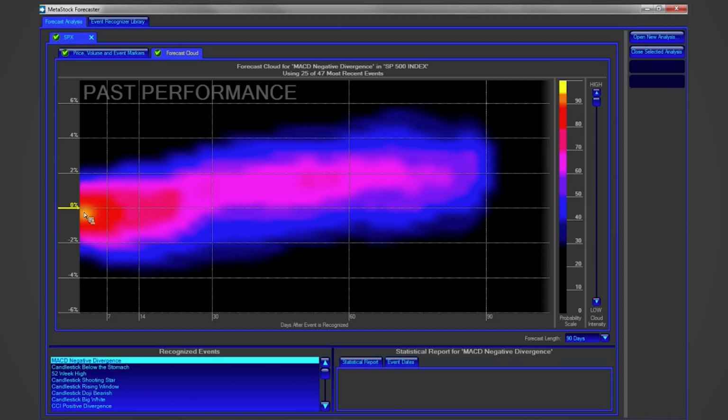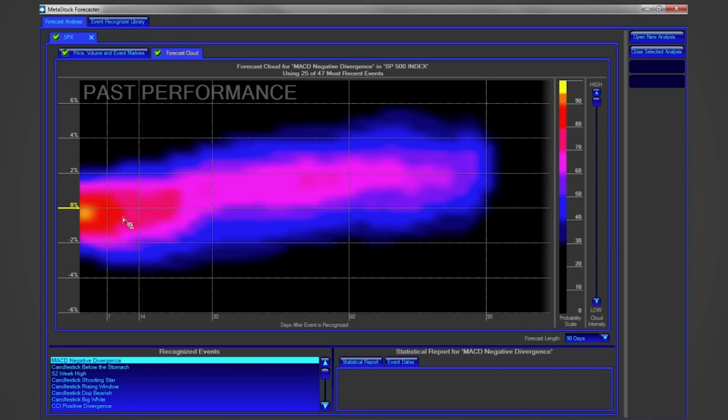What I'm going to look at here is where my probability map is lining up. From the event, we can see that prices tend to pull down about 0.5% in the first few days after this event happens. So if I had a MACD negative divergence sell signal on my chart, I could look at this and say, I know price tends to pull down about 0.5%.